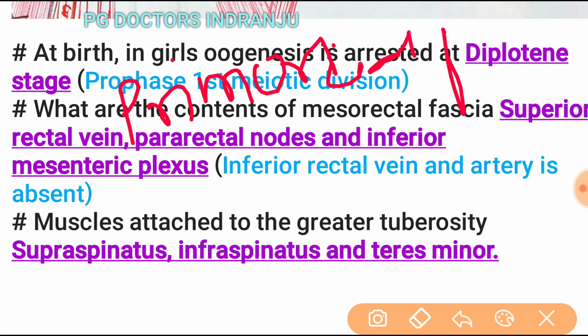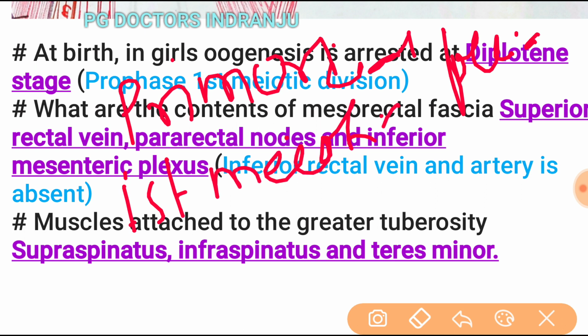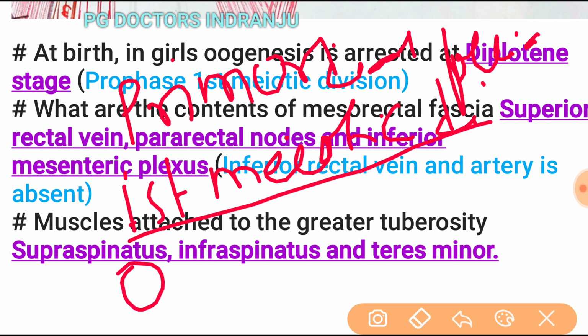Primordial germ cells start in intrauterine life from the yolk sac, then migrate to the genital ridge, then are converted into primordial follicles, and then the first meiotic division starts, beginning with prophase.